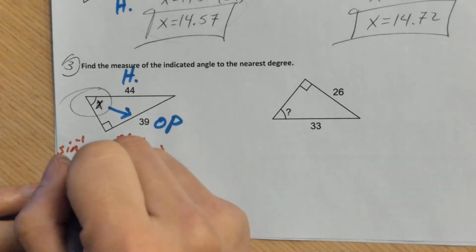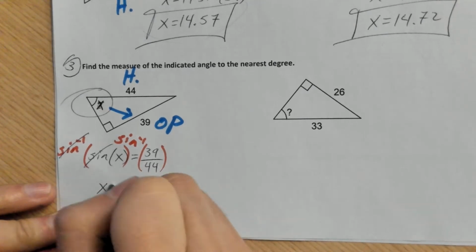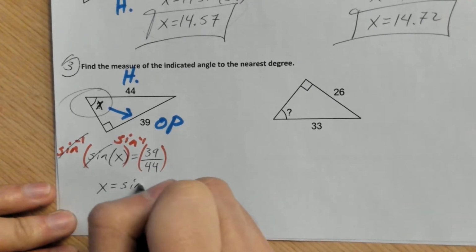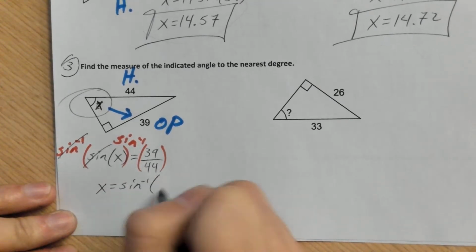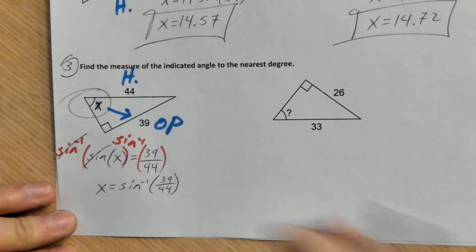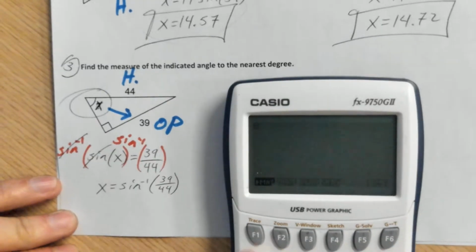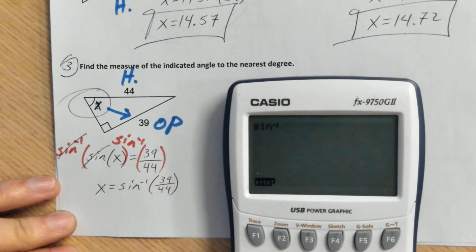So on the left side, sine inverse and sine cancel each other out, leaving me with x equals sine inverse of 39 over 44. So now I can take my calculator and put this into the calculator. So sine inverse of 39 divided by 44, close parentheses.